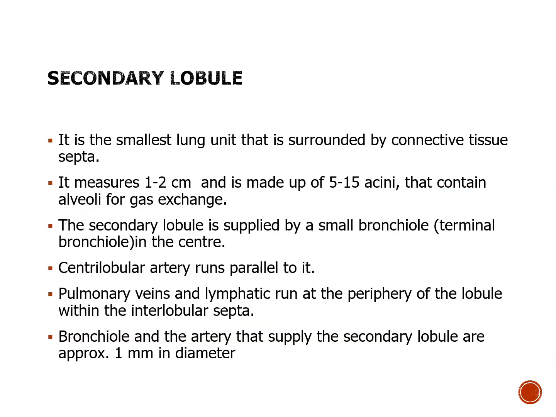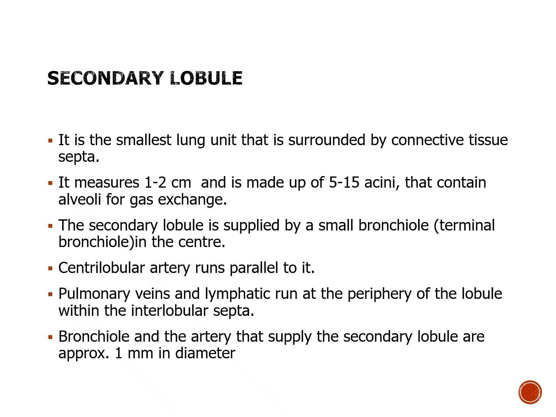The secondary lobule is the smallest lung unit that is surrounded by connective tissue septi, and that connective tissue septi is continuous with the pleura. It measures 1 to 2 centimeters and is made up of 5 to 15 acini that contain alveoli for gas exchange.